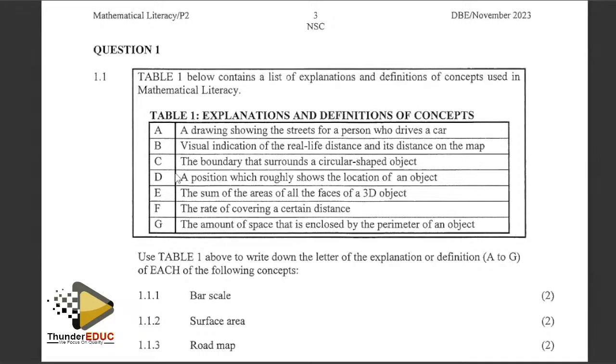D, a position which roughly shows the location of an object. E, the sum of the areas of all faces of a 3D object. F, the rate of covering a certain distance. G, the amount of space that is enclosed by the perimeter of an object.